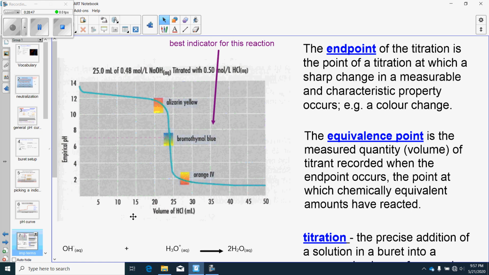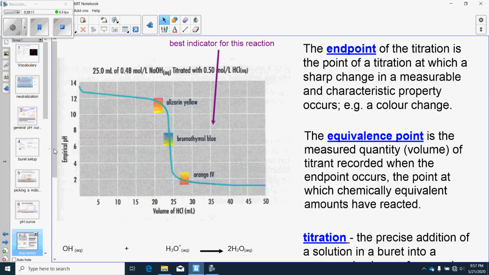Okay, x-axis, y-axis, general curve. This was a strong base titrated with a strong acid. pH endpoint is going to be 7, and the equivalence point is about 24 milliliters. So here's your terms.